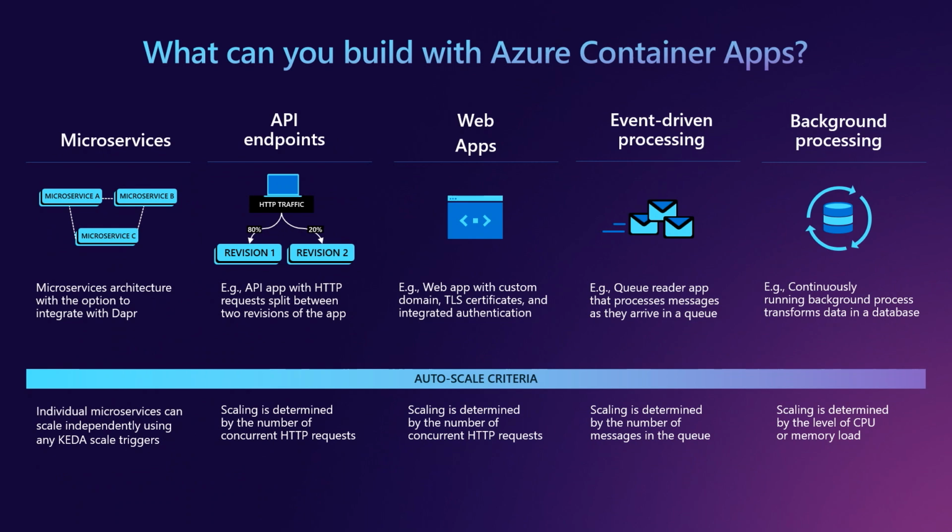So if you have an application that needs to scale a lot, you can actually adjust that. And you can also run event-driven processing applications on container apps. One pretty common example would be an app that reads from a queue. For that, you can have container apps scale based on how many messages are in the queue.